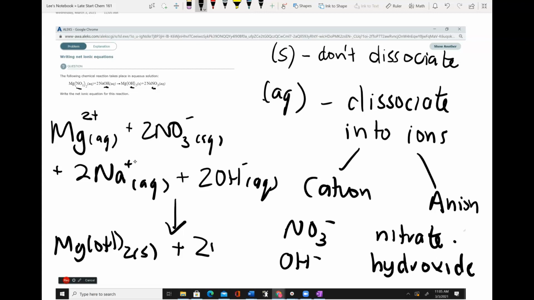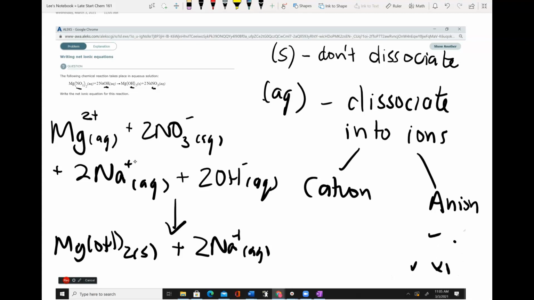So I'm going to get 2 Na+ (aq), because sodium's in group 1A, it forms a single plus cation. And then I also get 2 nitrates (aq). I knew the formula, name and charge of that because I'd looked it up in a table of polyatomic ions.